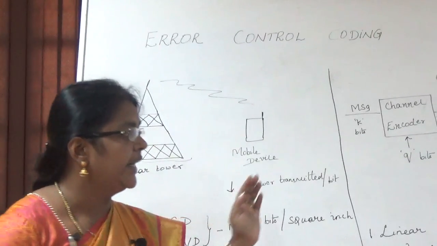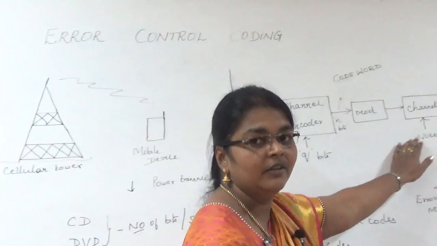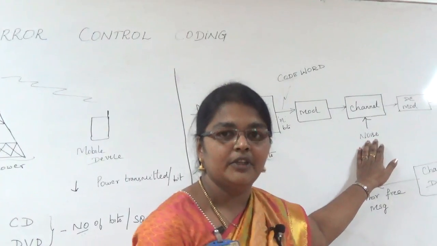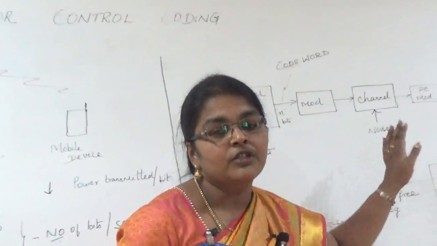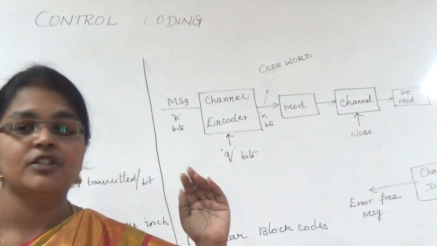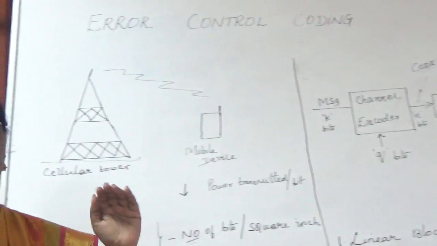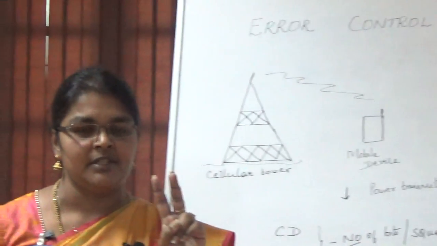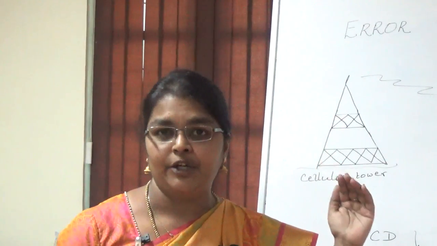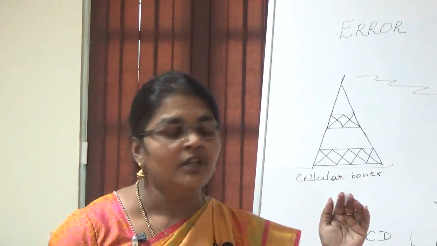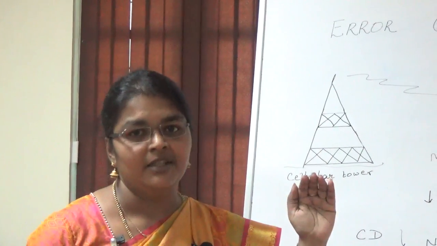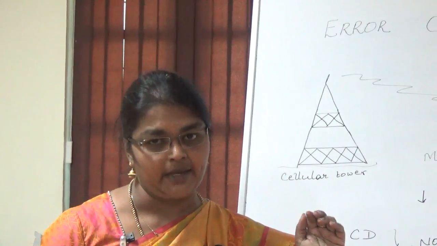Once it is transmitted through the channel, the signal will be subjected to noise, so there are possibilities of my message signals being changed. Since I have only two levels, the effect of the noise which is getting introduced will be very high. So in order to minimize this, we are supposed to provide a mechanism.